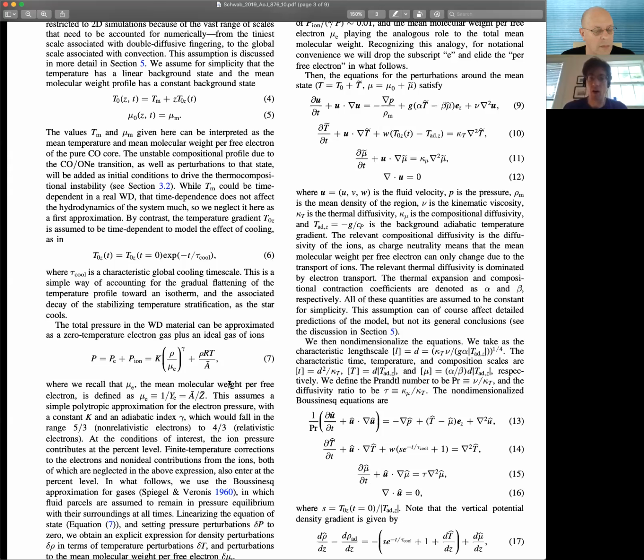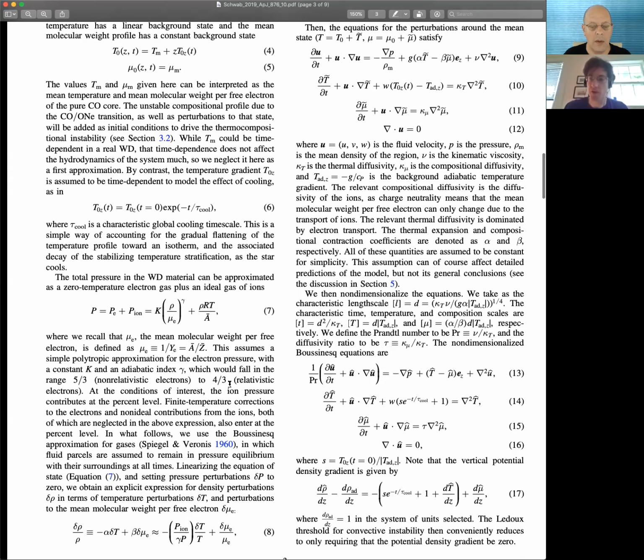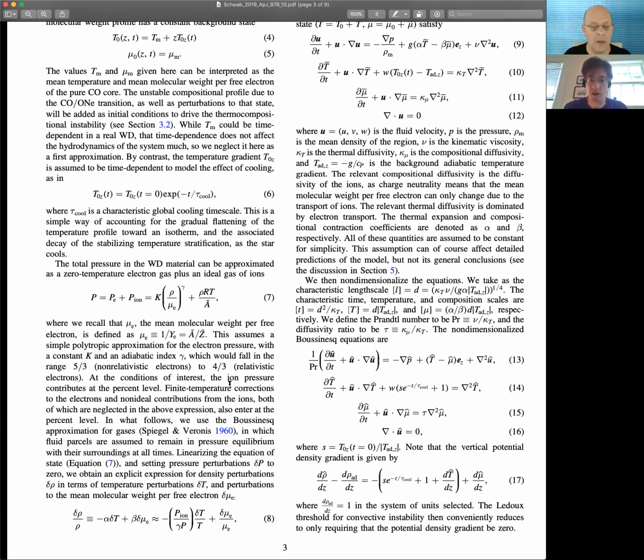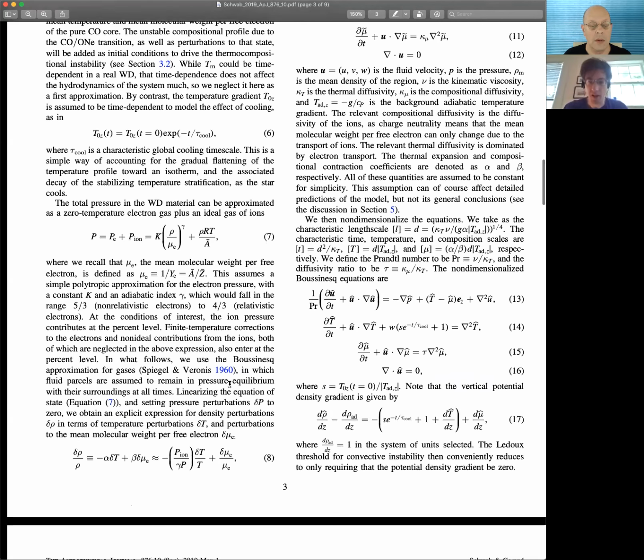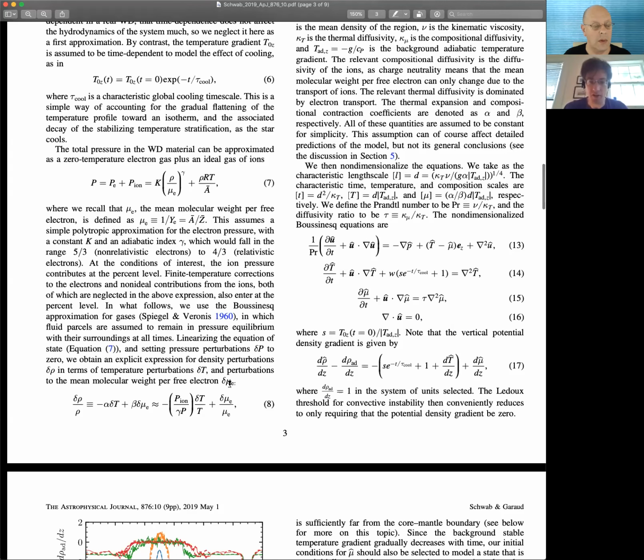And then we're going to say, okay, we know what that background is, and then we're going to linearly expand that equation of state in terms of a small temperature perturbation, a small mean molecular weight perturbation, a small density perturbation. And so this basically goes through the process of our setup, which I think we can mostly skip through.